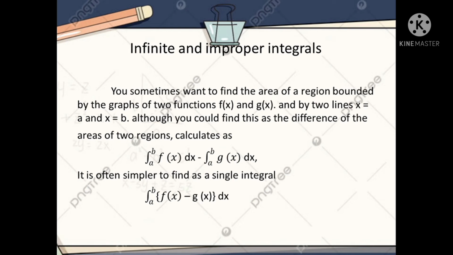Although you could find this as the difference of the areas of two regions, calculated as the integral from a to b of f(x) dx minus the integral from a to b of g(x) dx, it is often simpler to find it as a single integral: the integral from a to b of f(x) minus g(x) dx.